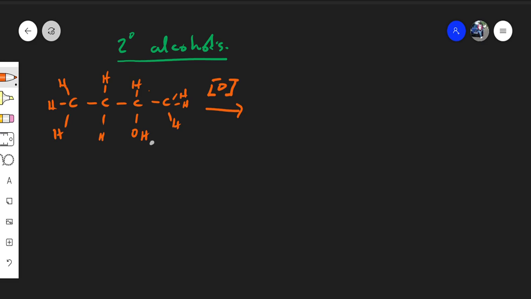If we heat it, it is going to form the ketone. And notice where the ketone is going to be. It's going to be on carbon number 2, where the OH is. And remember that the carbon still has 4 bonds, right?